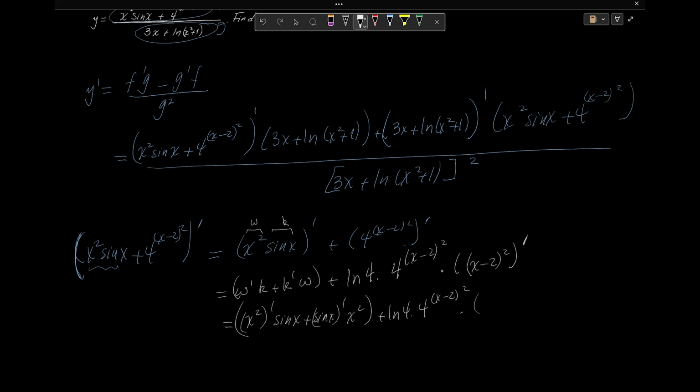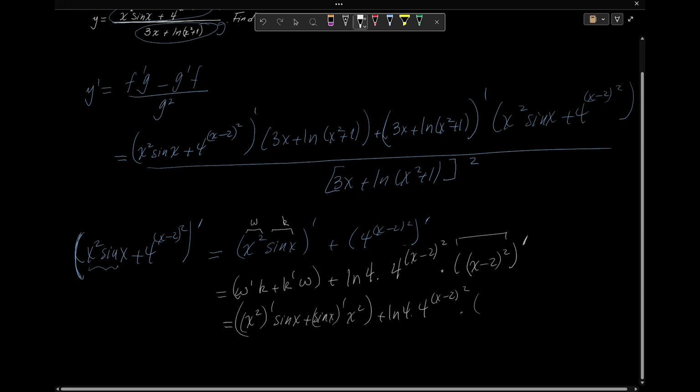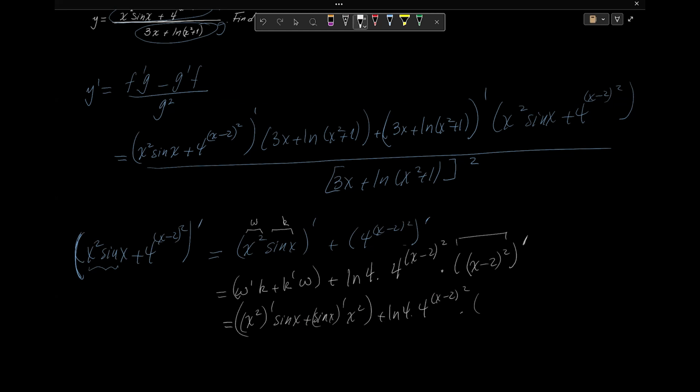What's the derivative of this right here? Again, we see here something to a power. Power rule, some function of x to a power. That's different than the 4 to a power. The base of the 4 was a constant.